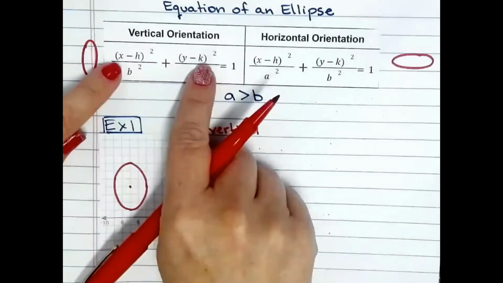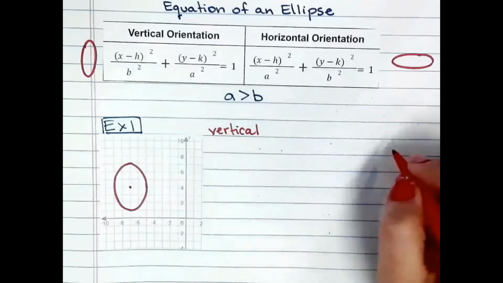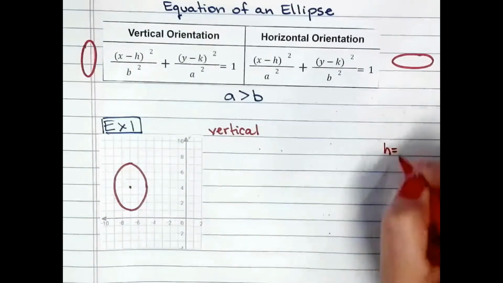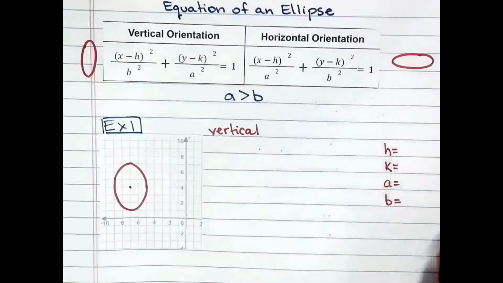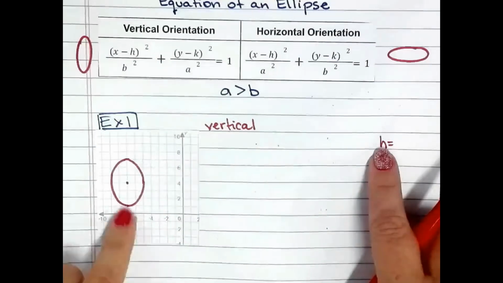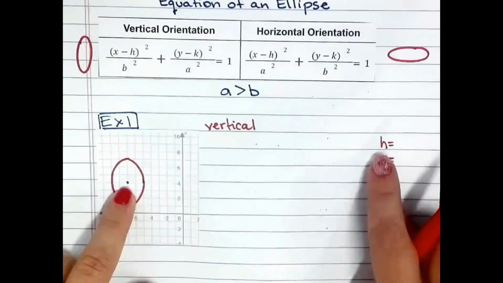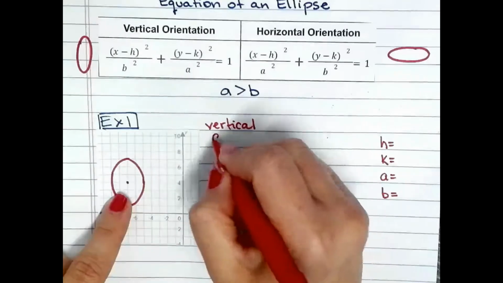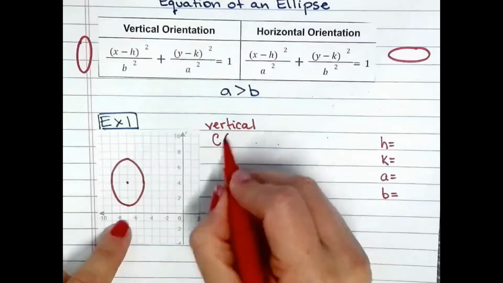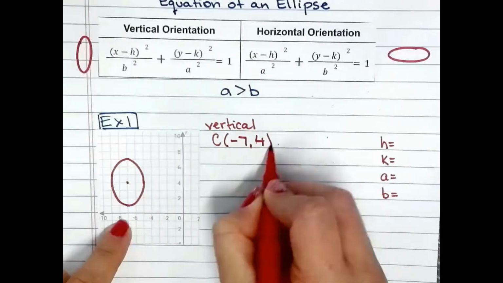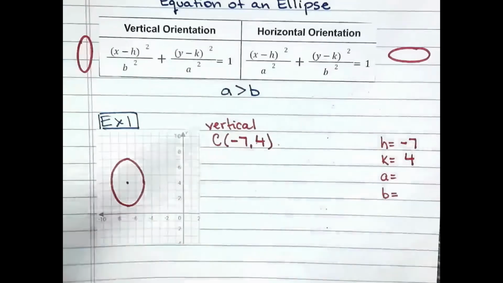I need H, K, A, and B. So since I know I'm going to need that, I better find them. H is from the center. So if the center is right there at -7, 4, I know H is -7, K is 4.